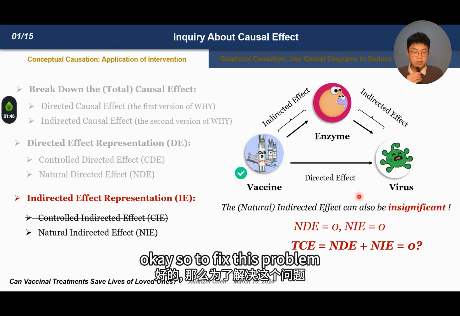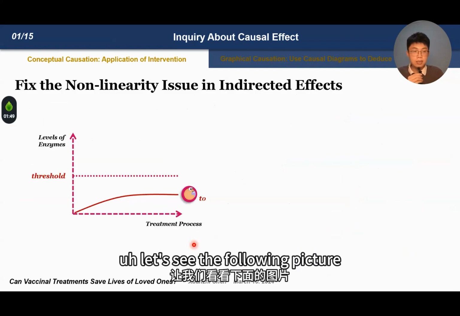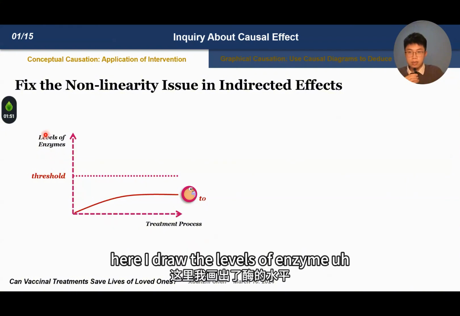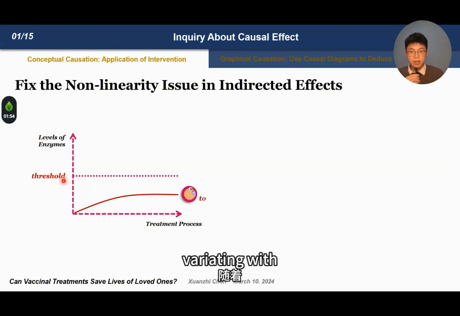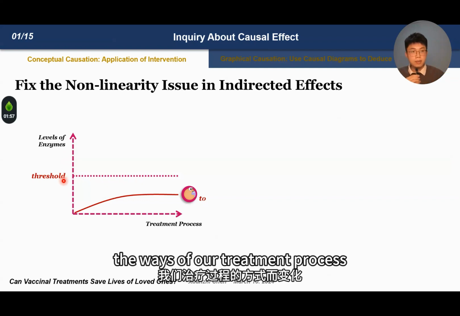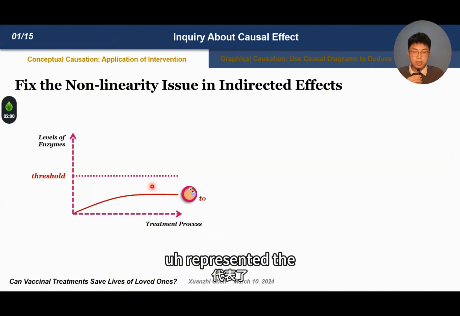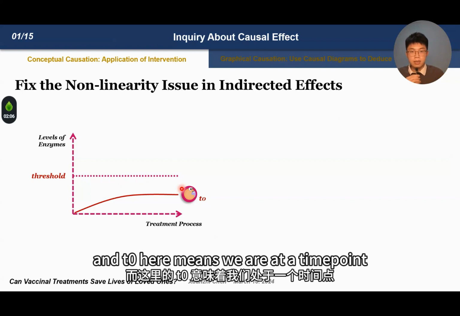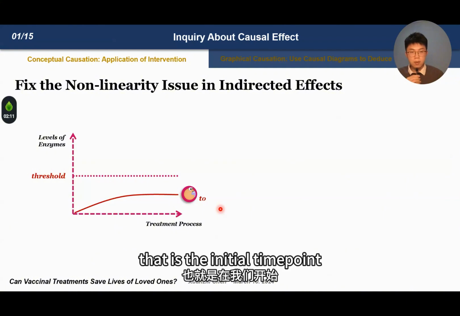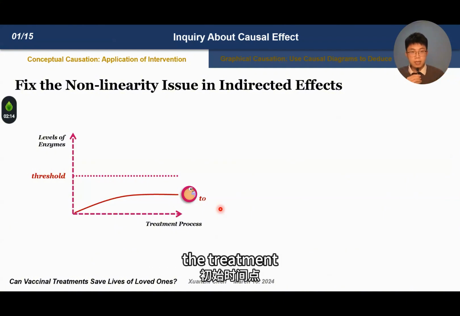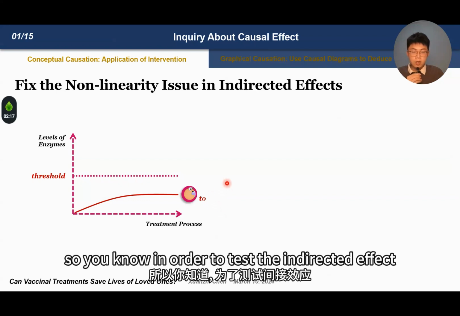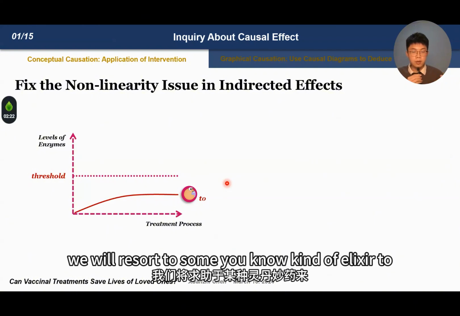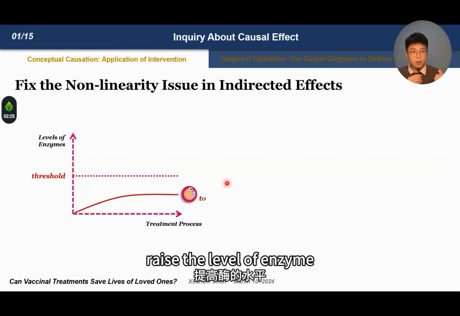Okay, so to fix this problem, let's see the following picture. Here I draw the levels of enzyme varying with the time of our treatment process. And the curve here represents the normal level of the enzyme. And T0 here means the initial time point before we start the treatment. So in order to test the indirect effect, we resort to some kind of elixir to raise the level of enzyme.